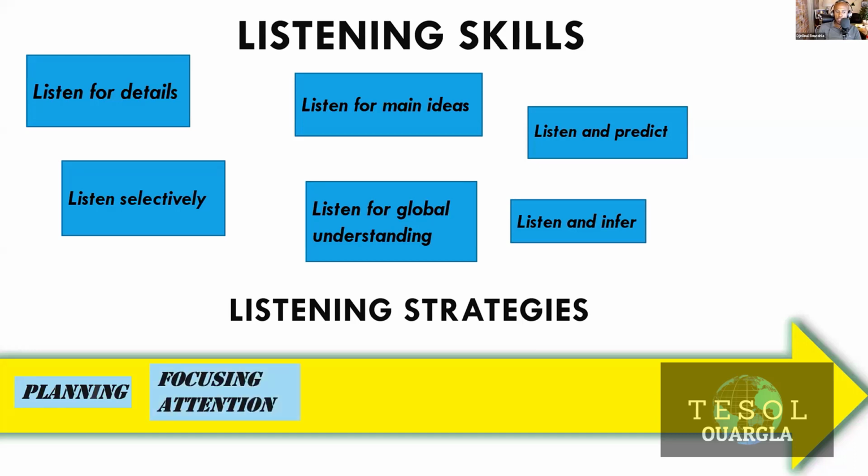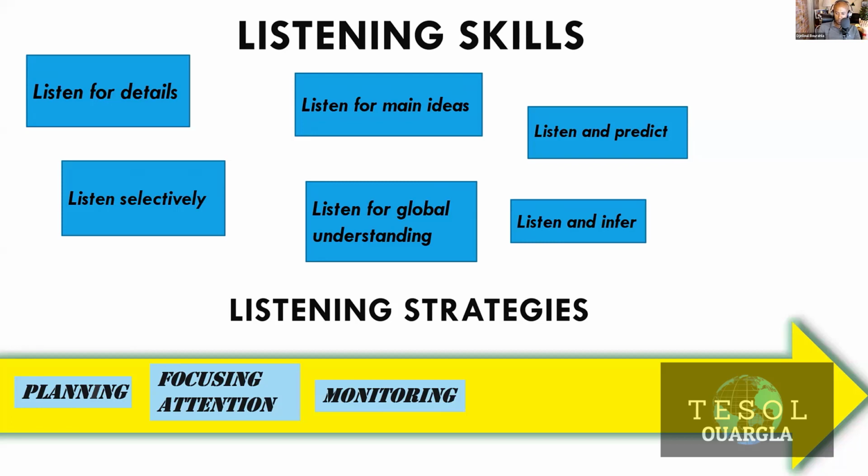And then we have focus and attention, which is heeding the speaking input in different ways and avoiding distractions. Then we have monitoring, which is checking information and confirming or checking that someone is understanding the text as he or she is supposed to.